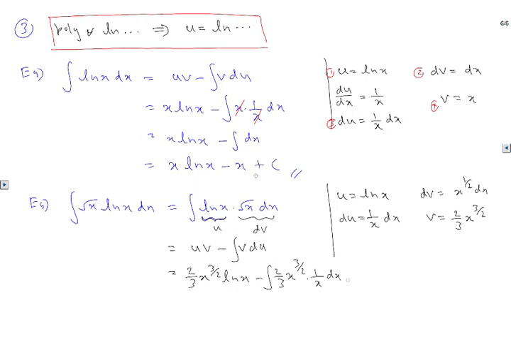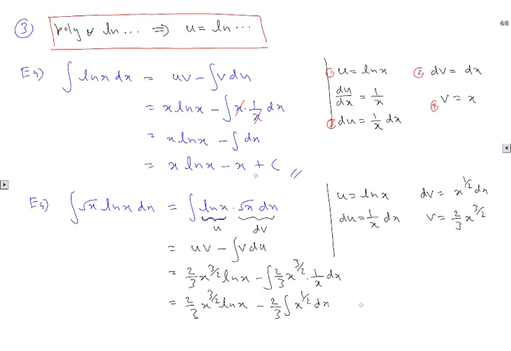You can see there's a nice simplification here: you have 2/3 x to the 3/2 ln x minus, after simplifying, 2/3 times the integral of x to the 1/2 dx.